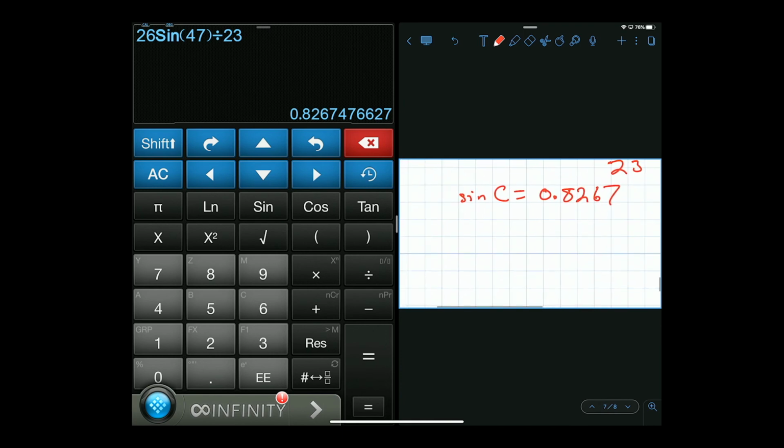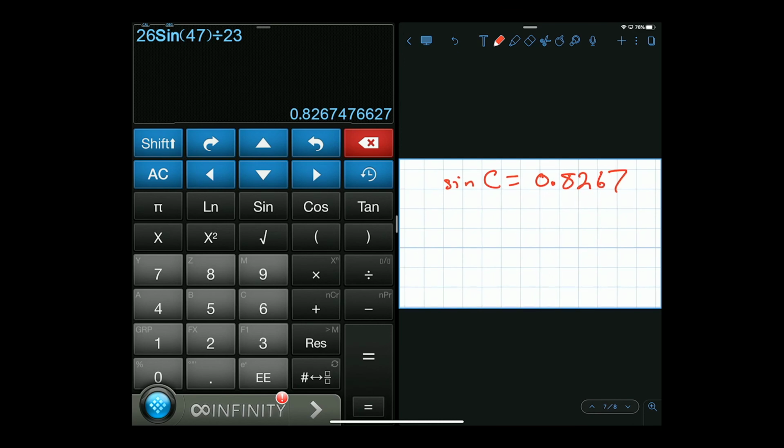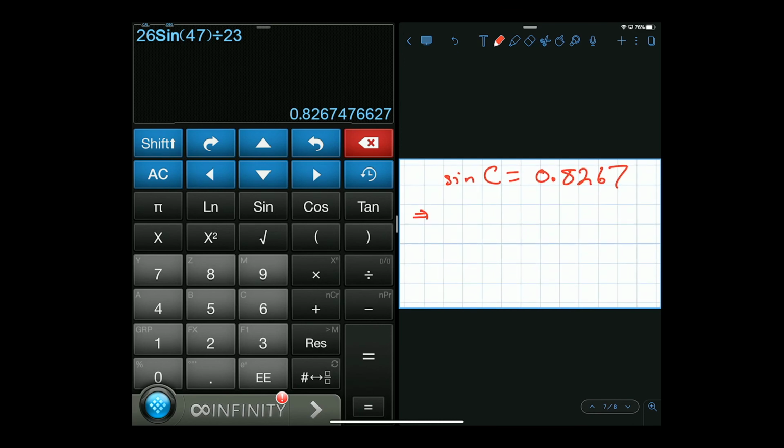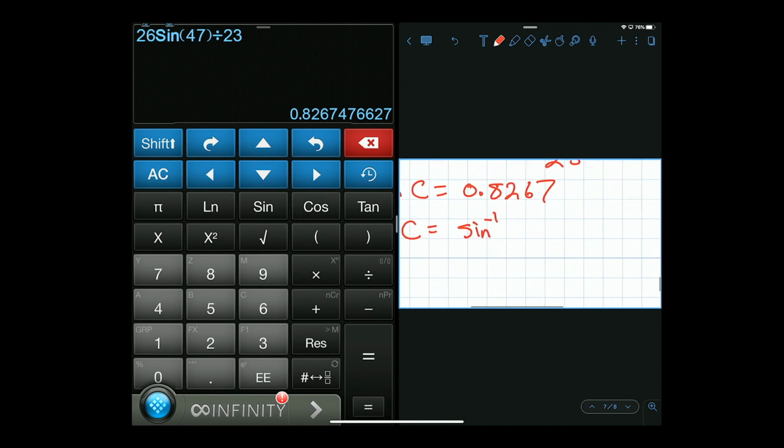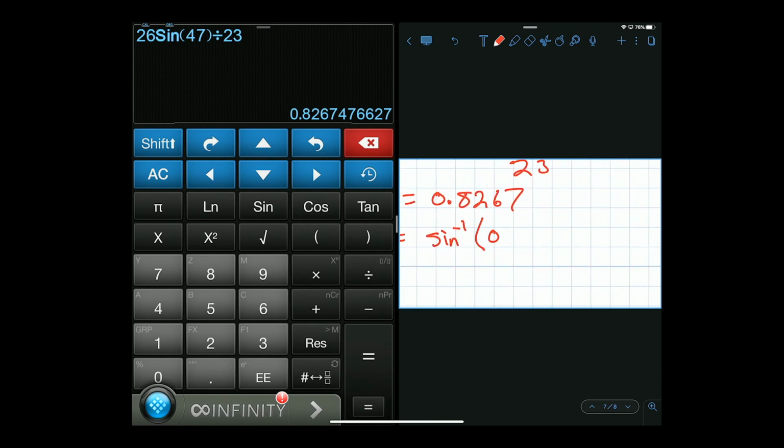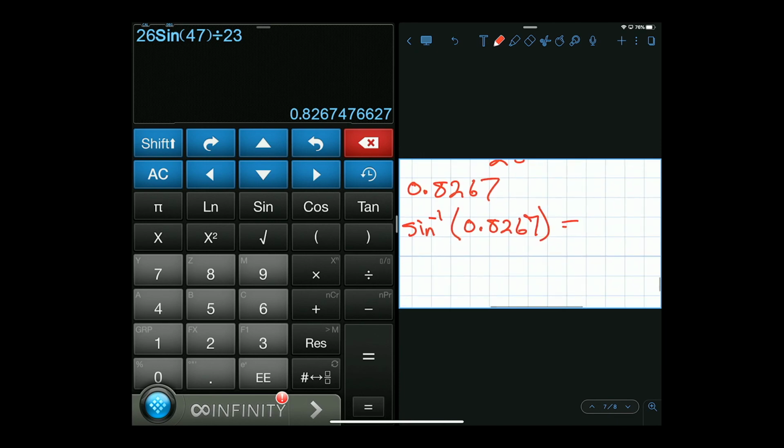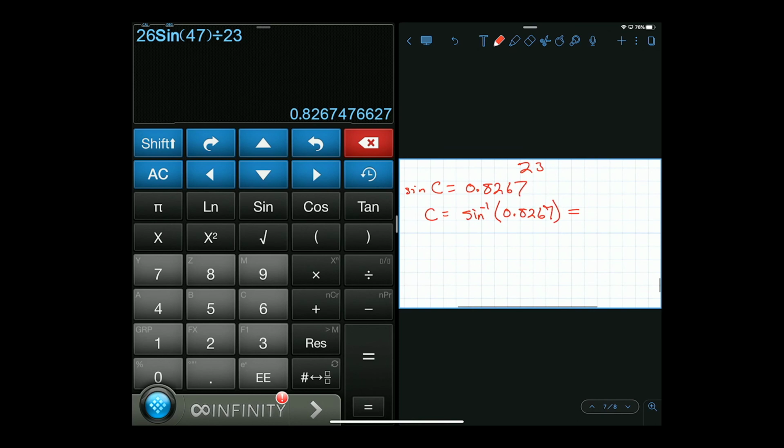Okay. Now, remember how to do this. Once you have the sine, that means that C is sine inverse of this number. So you have to do sine inverse of this, which I'll type in again. Shift sine inverse 0.8267, go. 55.8.